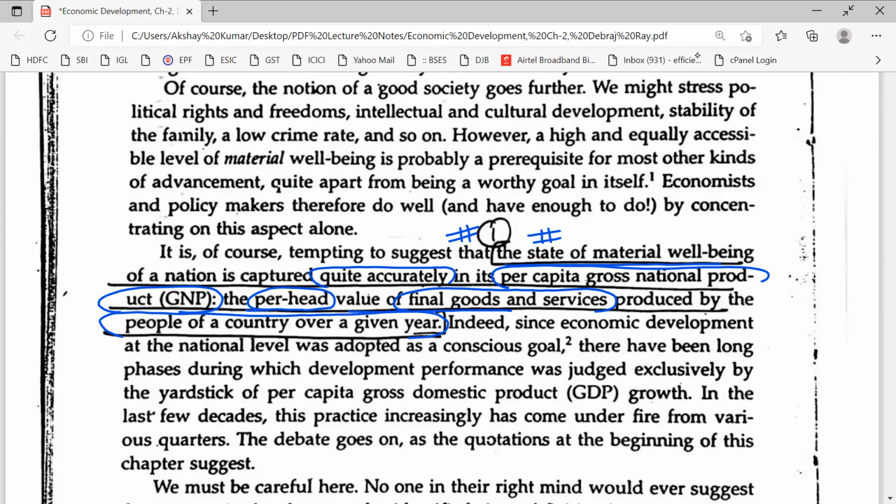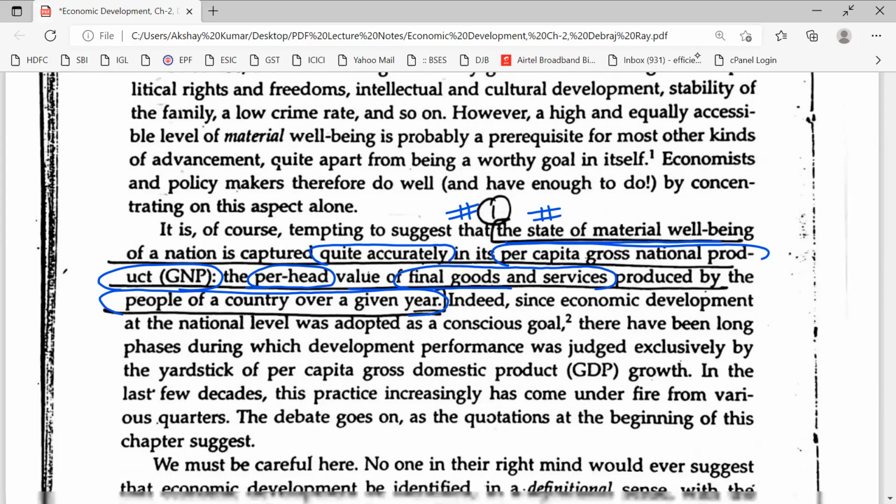Per capita is nothing but the total product divided by the total population. So in per head terms, it is the value of final goods and services produced by the people, or to be more accurate, the residents of a country over a given year. This is nothing but the per capita gross national product.